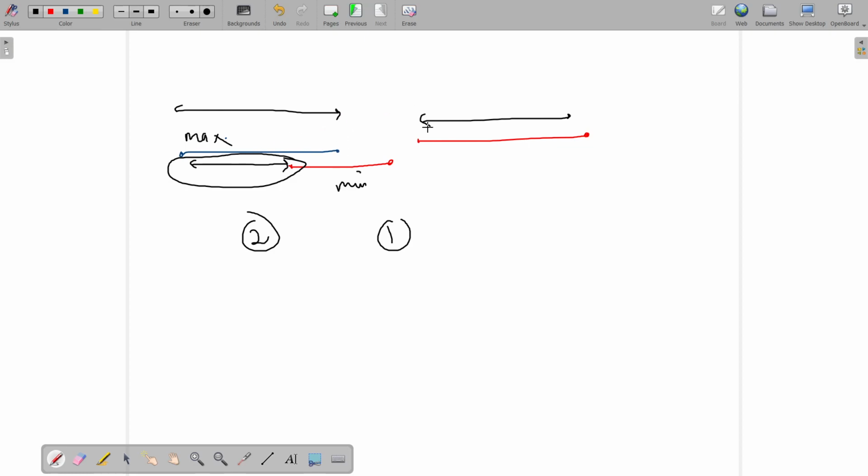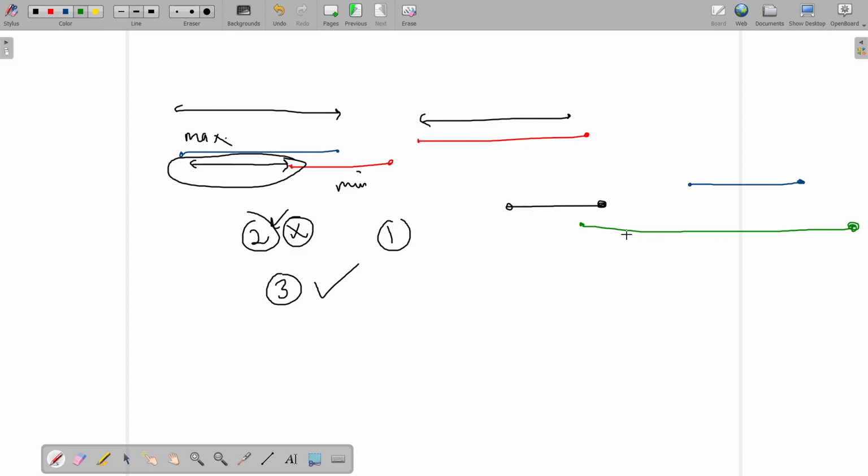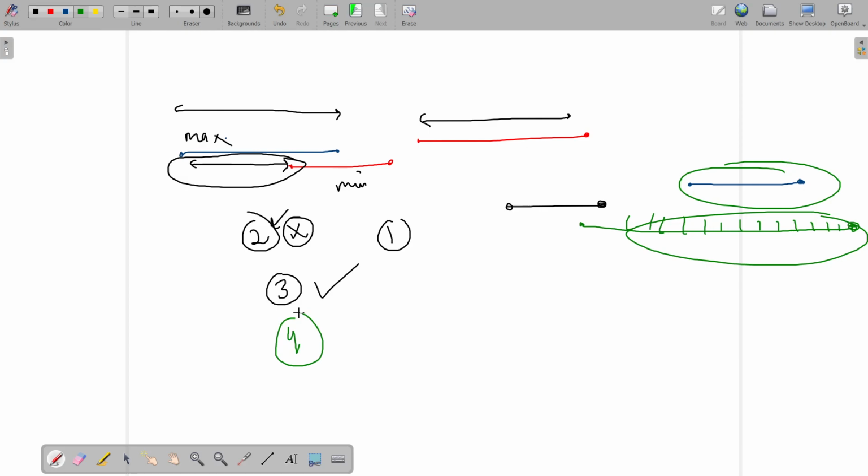So if there exists a disjoint range to your right, then you don't really need to look at case 2. That can be ignored. However, case 3 still needs to be checked because suppose this is u and there is a disjoint range to your right, but there is a very big intersecting range, something like this. So obviously this answer you need to also compare with this. In that case, case 3 you definitely have to check.